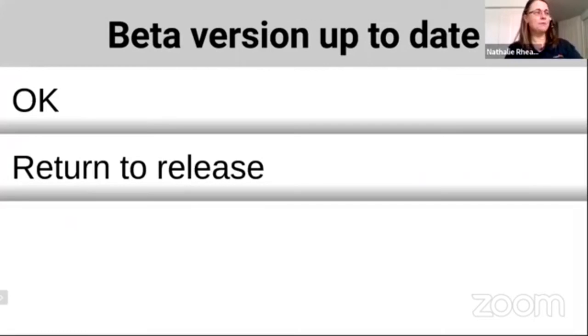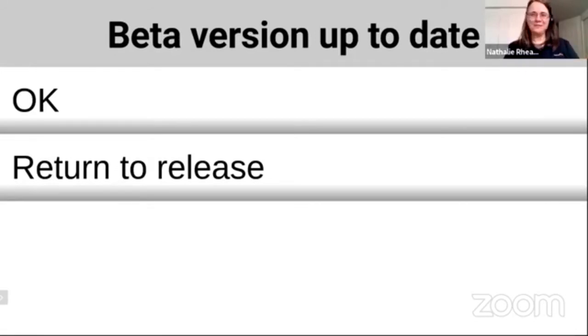So it says that I'm on a beta version up to date. So I'm on the beta version of 4.3 until tomorrow. Tomorrow I'm going to be on the release. So I can tap OK. And if I want to return to the release, which is 4.2, what everybody else has at their house, I can tap on return to release.